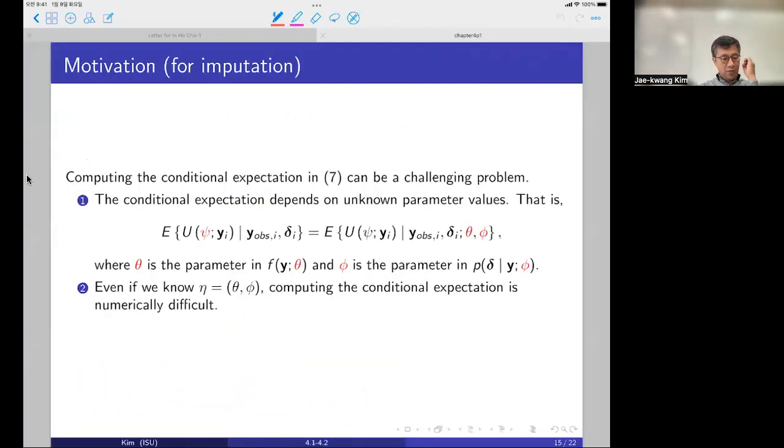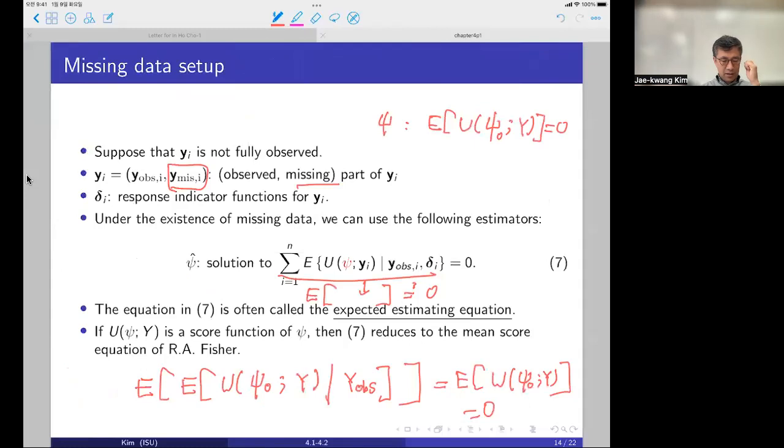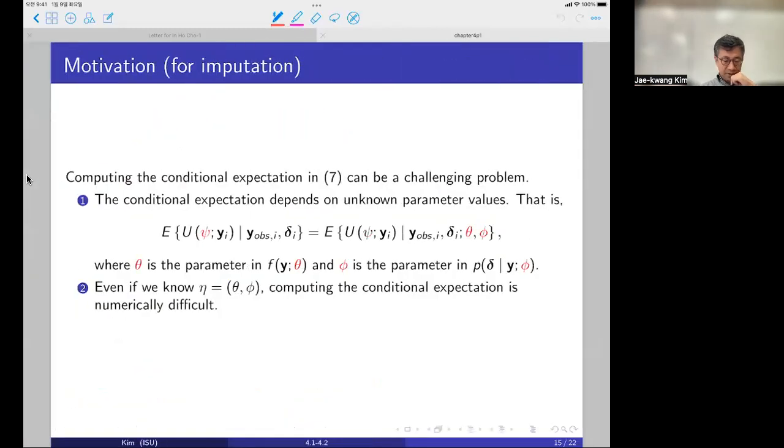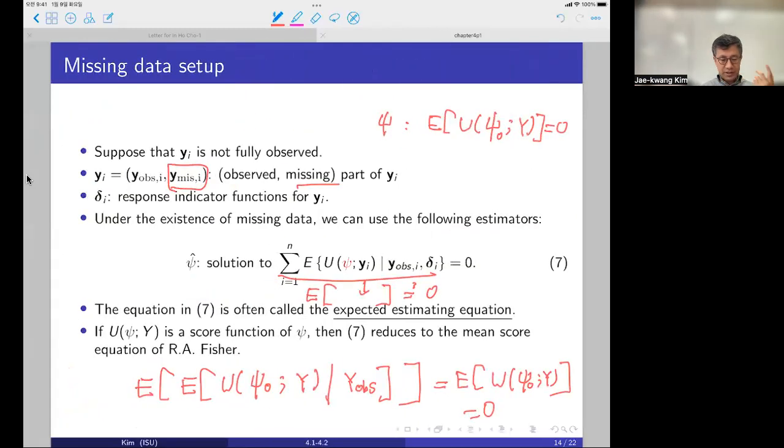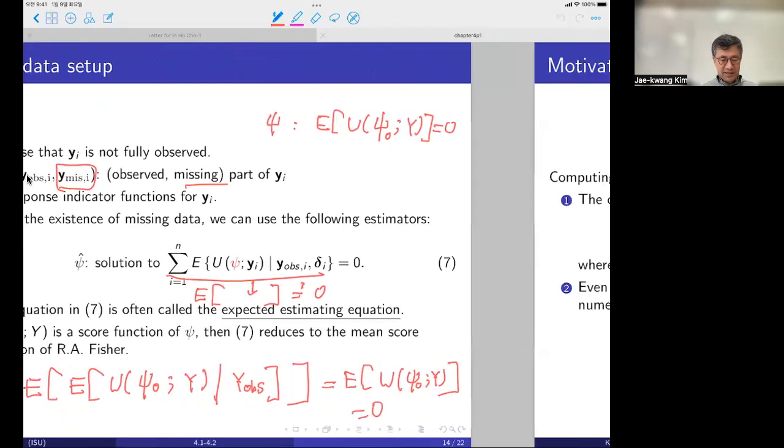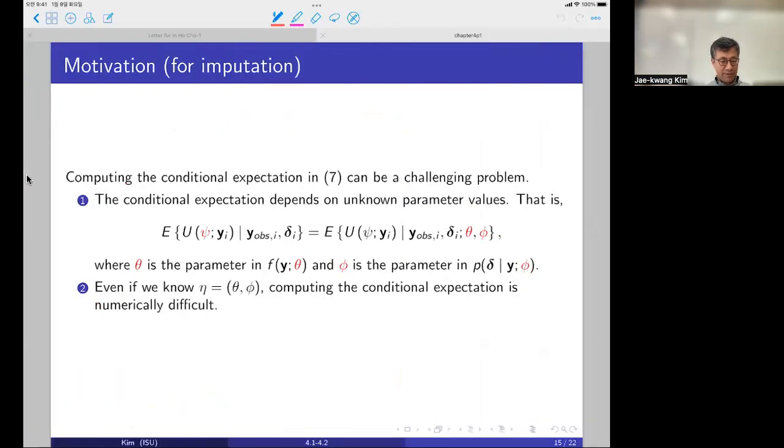Now computing the conditional expectation in equation 7 is not that simple, because you have two problems.